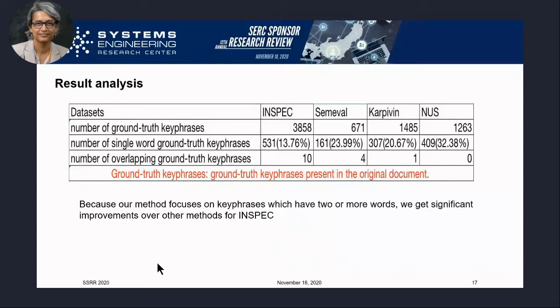In INSPEC, that's the lowest single word ground truth key phrase share we find, which makes sense. So that's probably why we're doing so well with INSPEC, whereas not so great with SEMEVAL and KRAPIVIN.